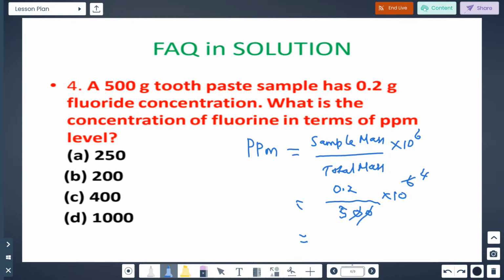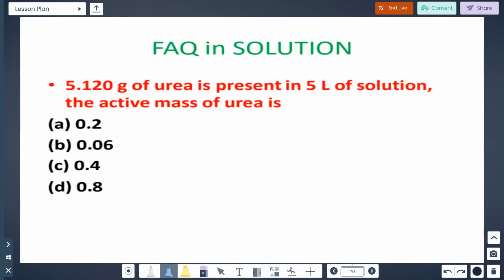Then if you multiply, we get 2000 by 5. Okay. Then if you simplify, the answer will be nearly 400. So answer is C is the option. You need to follow? Simple one. Next one. Are you following? This is also a very simple sum.